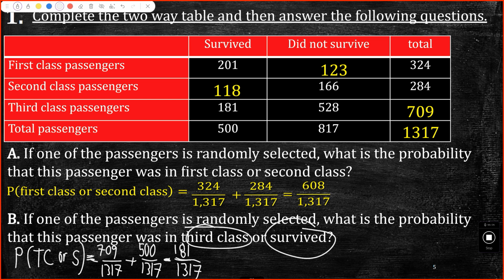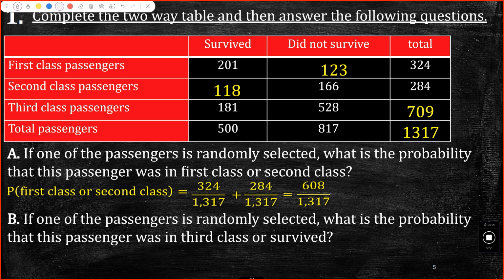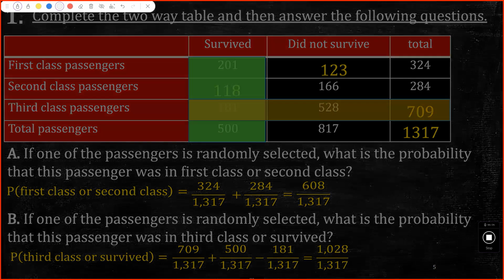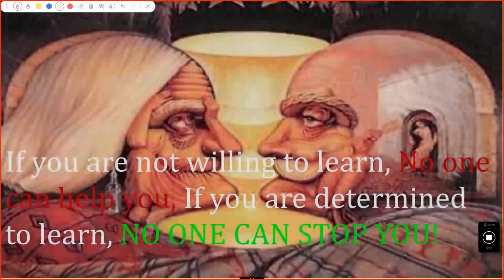So add 709 to 500, get that, subtract 181 over 1317, and that is going to be the answer, and you can change that to a percent. And that is all for today.